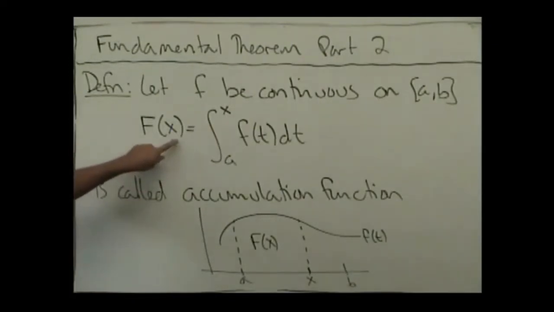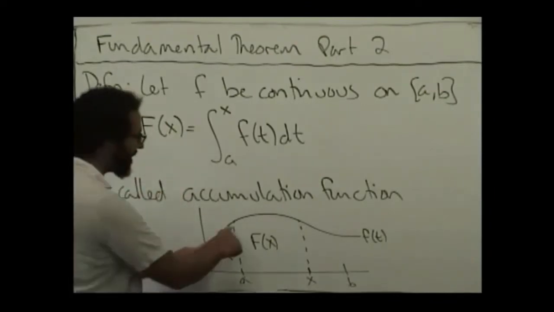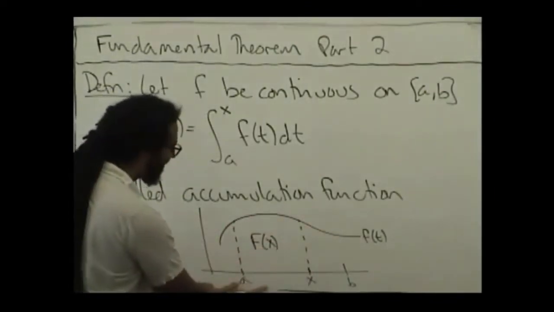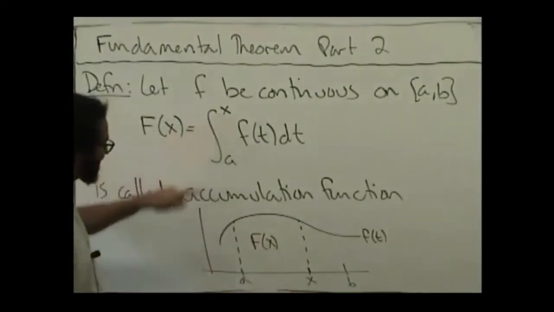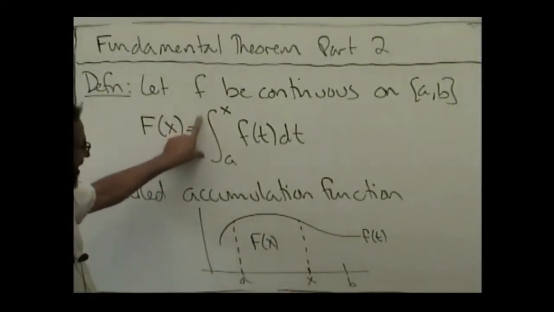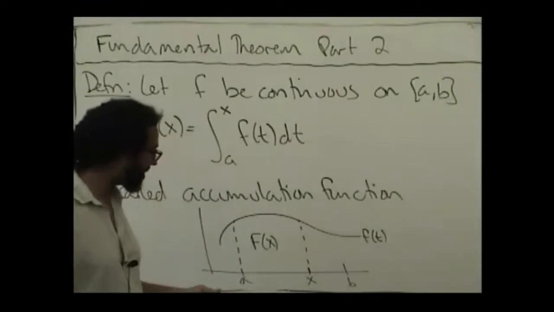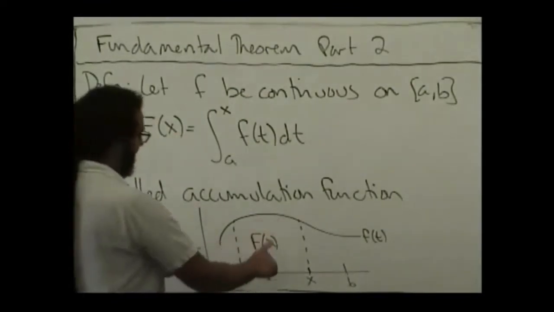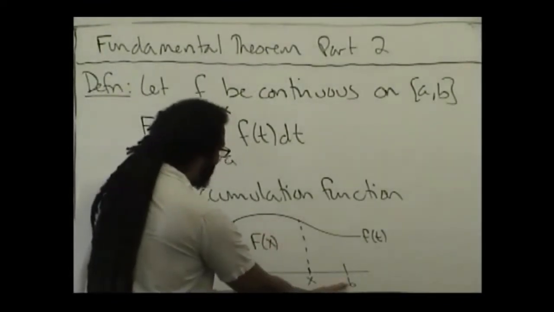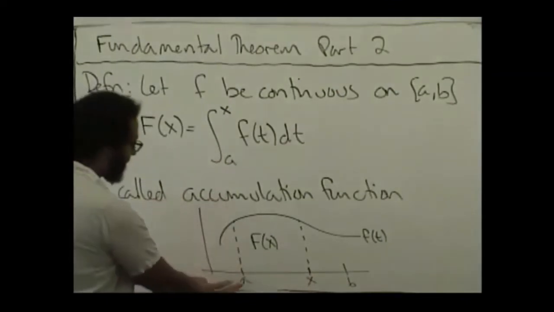So this is the accumulation function, and what it does is it tells you the area under the curve starting at a and stopping at x, right? We know the definite integral gives us the area bounded by the curve. So it doesn't go from a all the way to b, it just goes from a to x.